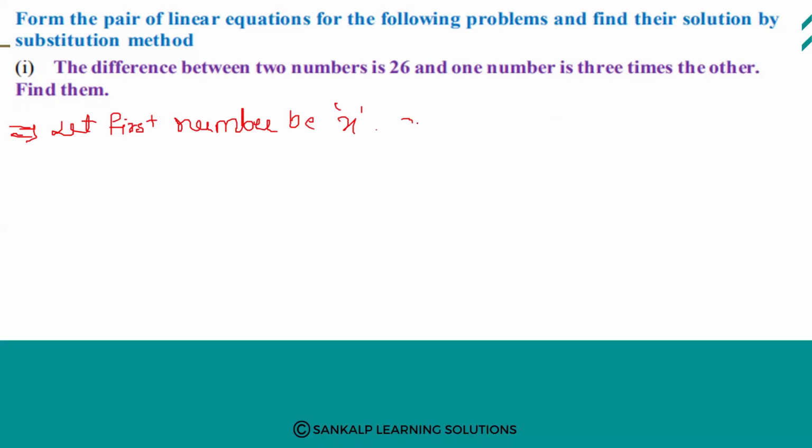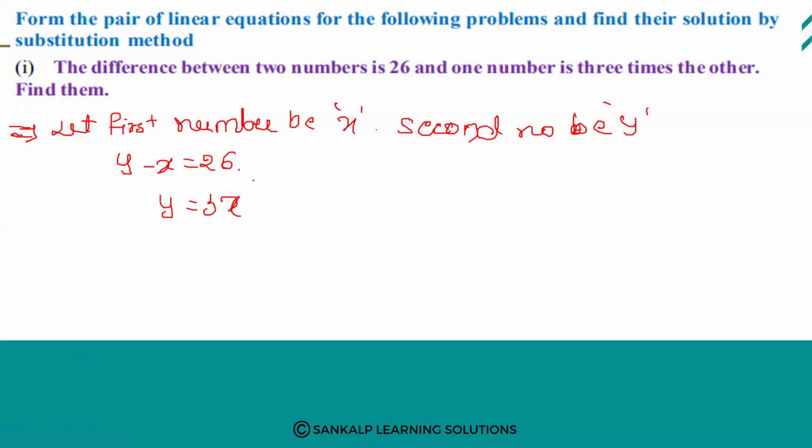Then the difference between the two numbers, I will take as y minus x equal to 26. Next, one number is 3 times the other, which means y is equal to 3x. So y is one number and it is 3 times the other. This is equation number 1 and this is equation number 2.